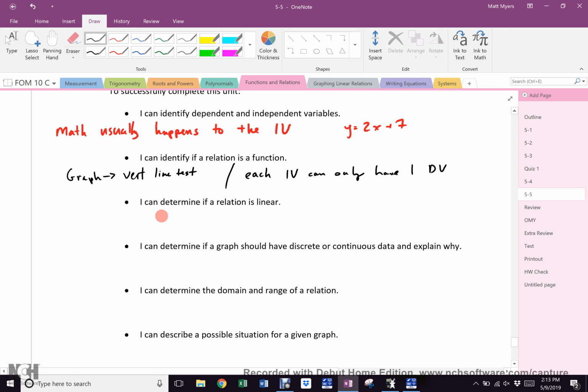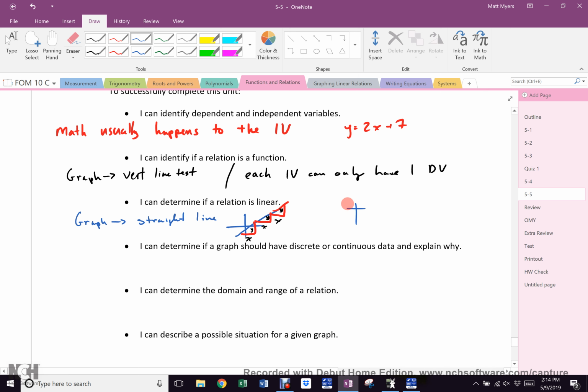If a relation is linear, how is it linear? Again, if it's on a graph, it's a straight line, not straight up, it's a straight line. So, if this is always constant, if that x and that x are all the same, and that y and that y are all the same, then it's a linear equation.